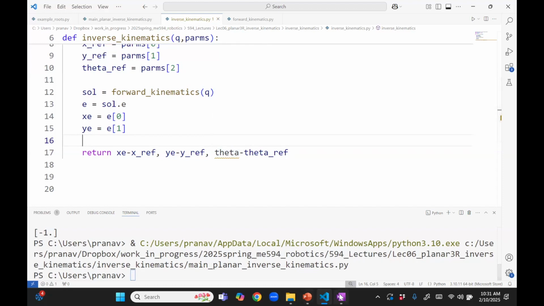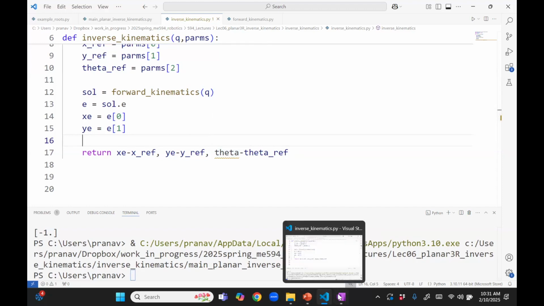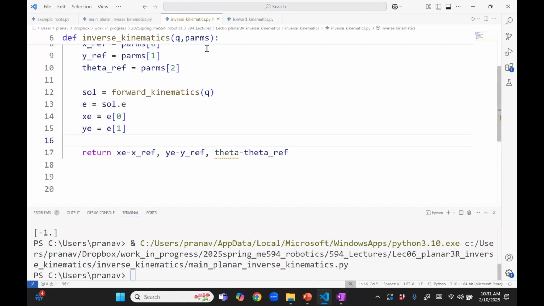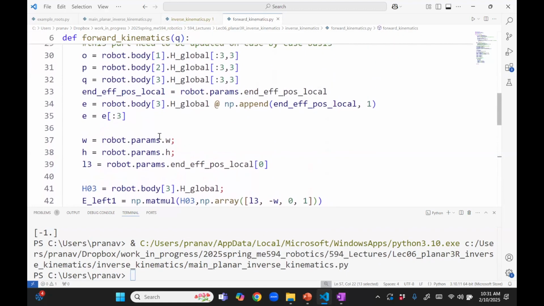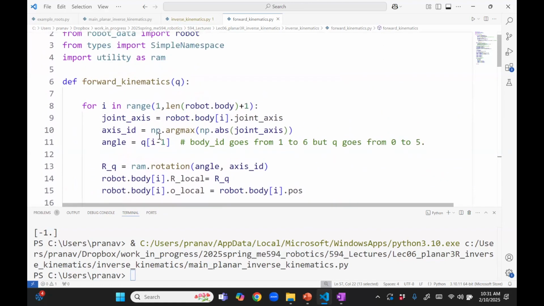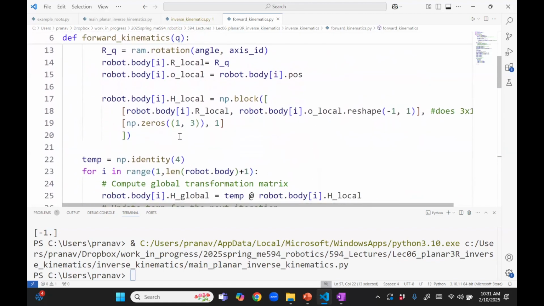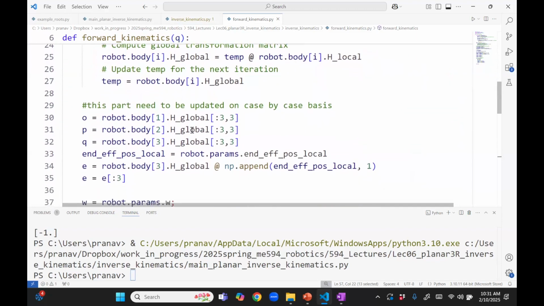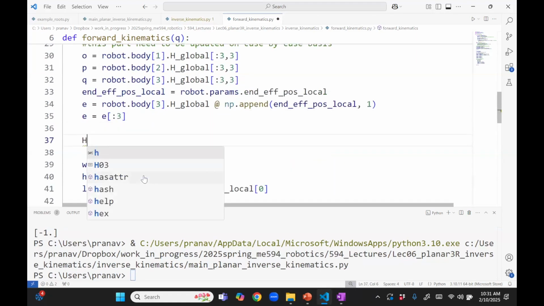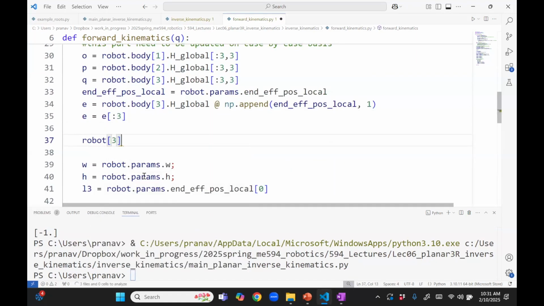If you look at the H homogeneous matrix, the global one, this homogeneous matrix holds the end effector position, but also holds the angle. In fact, it would be the third one, because that's the orientation of the last link.